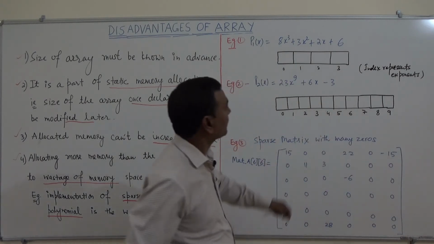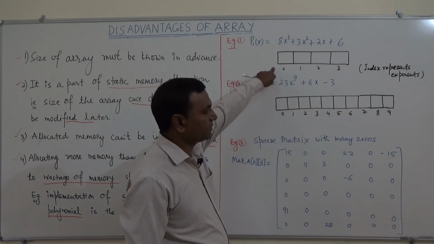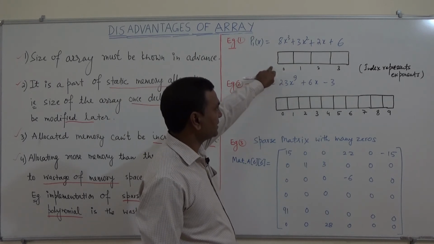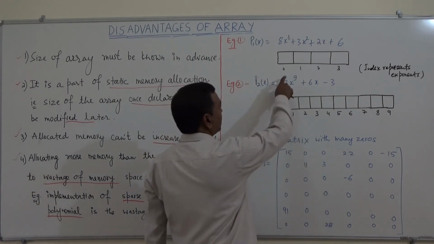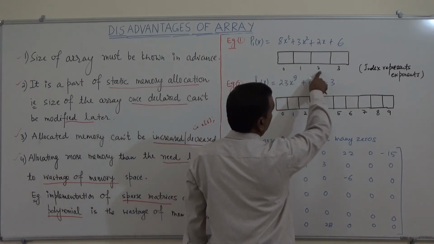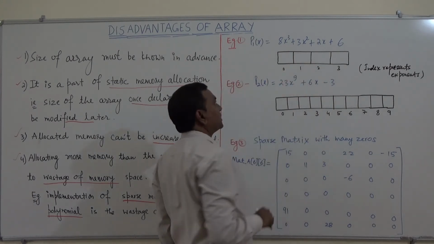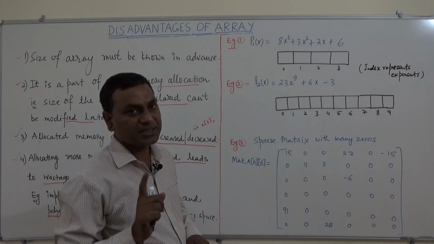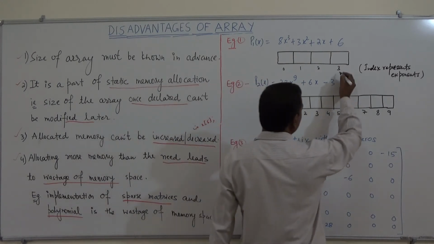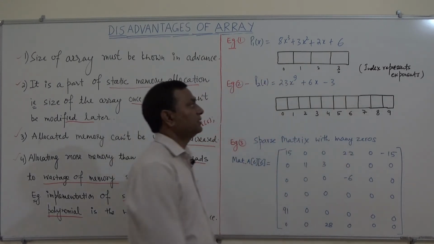Here we are seeing with the help of the diagram. These are the indices 0, 1, 2, 3, because the upper exponent in this polynomial is 3. That's why we will take here 3 as the upper exponent.